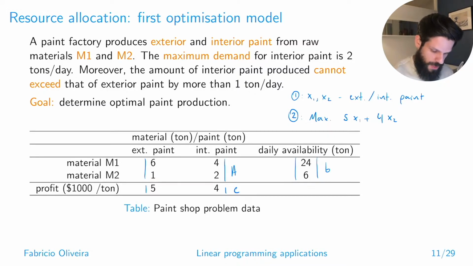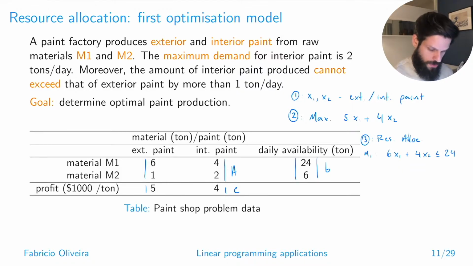And then finally, my constraints. I have the resource allocation constraints. For the constraint relating to M1, what we have is that 6 times the amount of exterior paint I make plus 4 times the amount of interior paint I make has to be less or equal than my availability of resource M1.